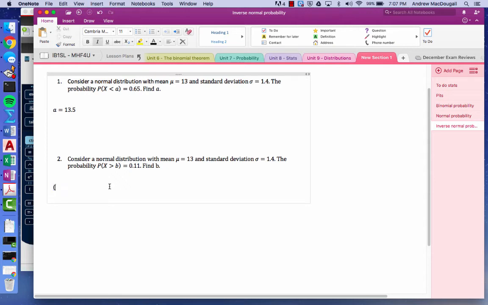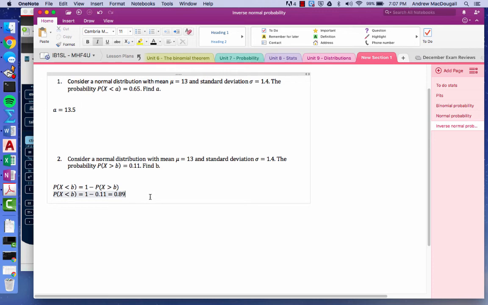But you probably remember that the probability that X is less than b is just 1 minus the probability that X is greater than b. Because altogether, the probability X is less than b plus the probability X is greater than b equals 1. In this part, the probability that X is greater than b we know, right? So the probability that X is less than b is 1 minus 0.11, which is equal to 0.89.